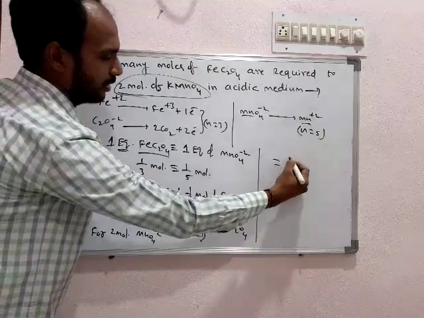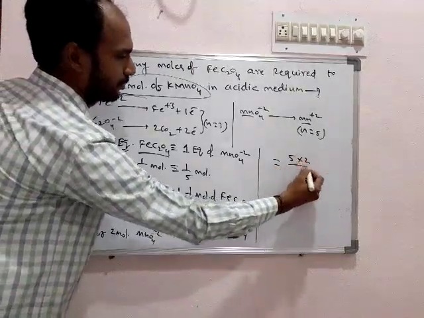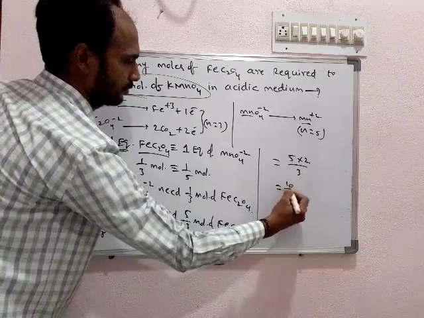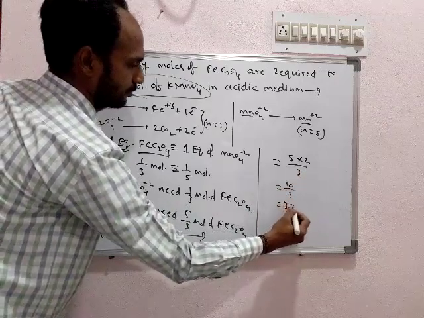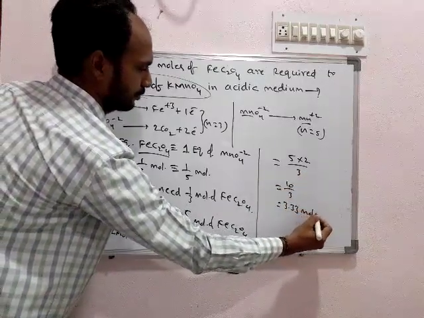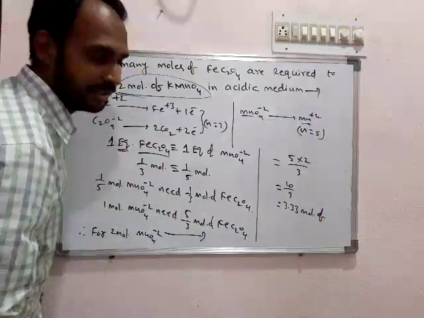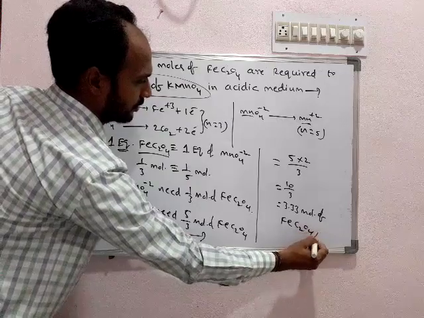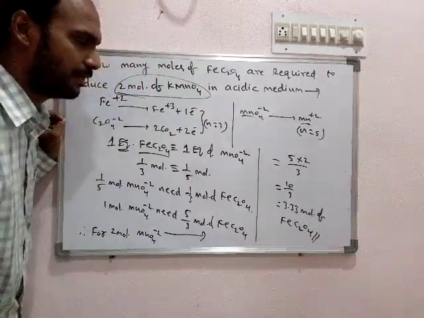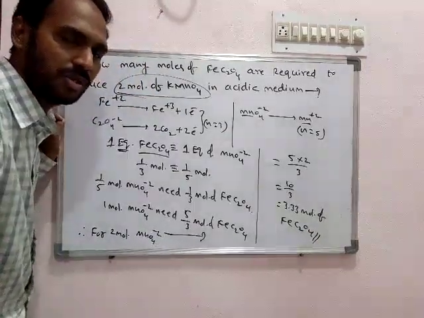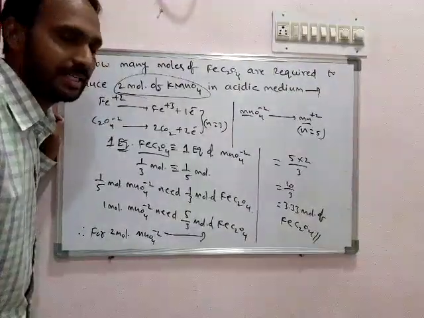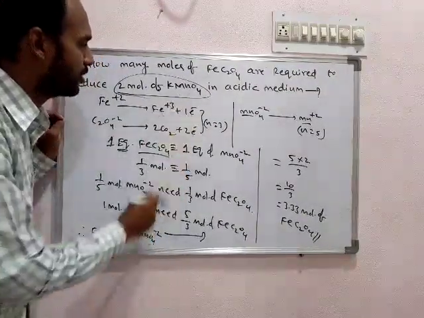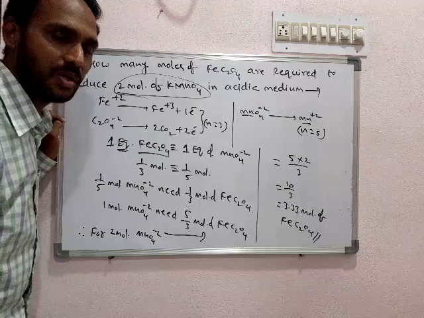So that is equal to 3.333 moles of FeC2O4. 3.33 moles of FeC2O4 is required for the complete reduction of potassium permanganate of 2 moles. Okay, just take it.